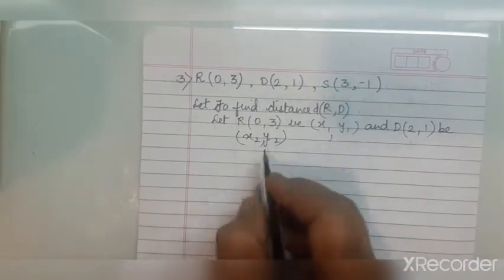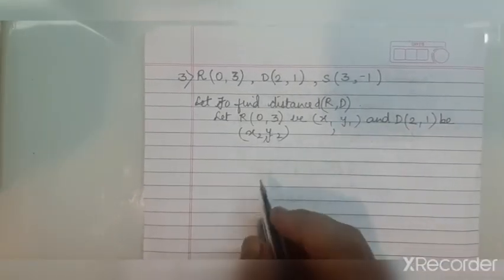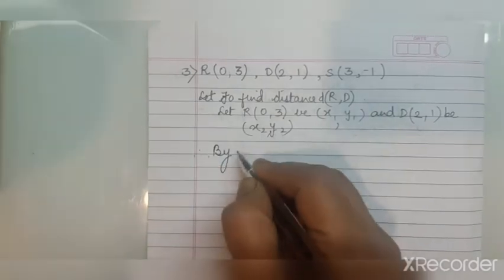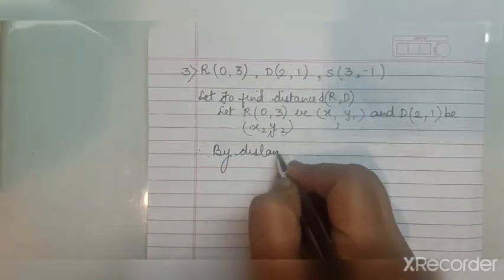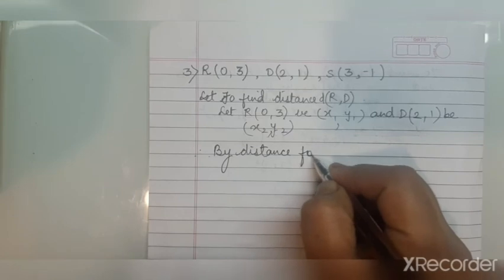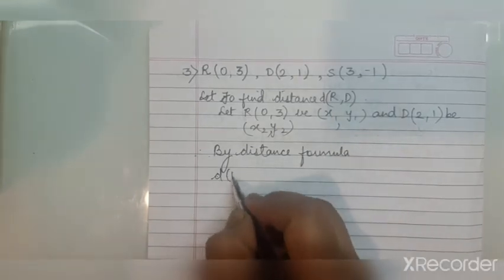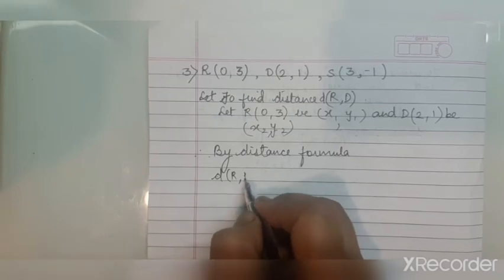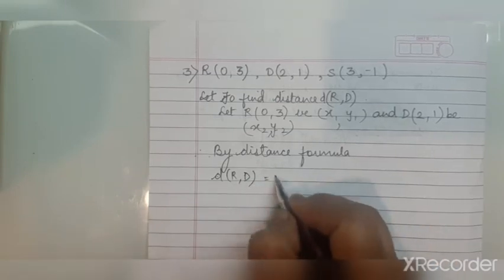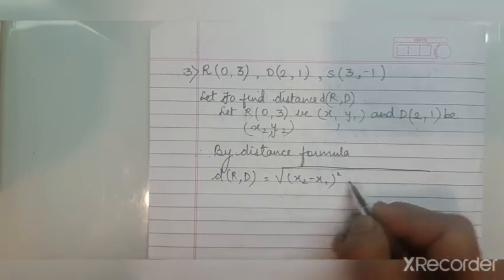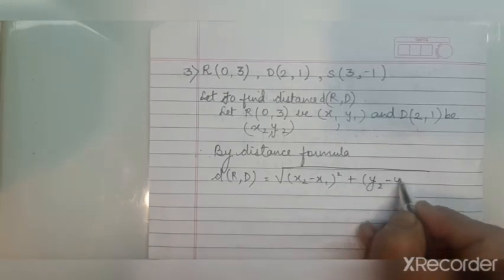If you want, you can even write what is x1, what is y1, what is x2, what is y2. Therefore, by distance formula we have to find distance RD.